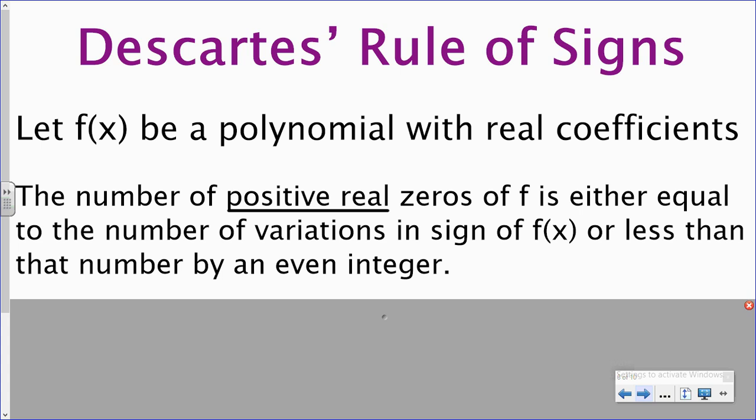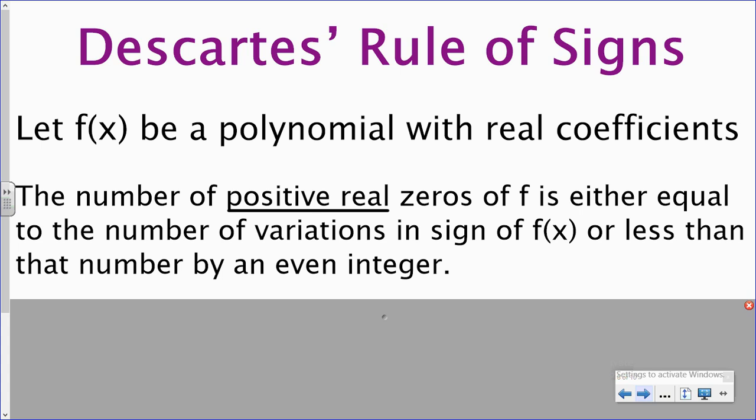So Descartes' rule of signs is going to tell you how many positive real zeros you could have and how many negative real zeros you could have. All right? So if using Descartes' rule of signs, you get that there are no positive real zeros, don't try any positive numbers in synthetic division.